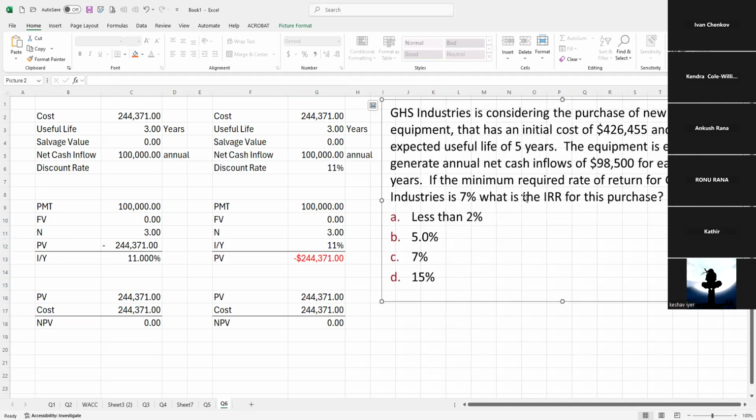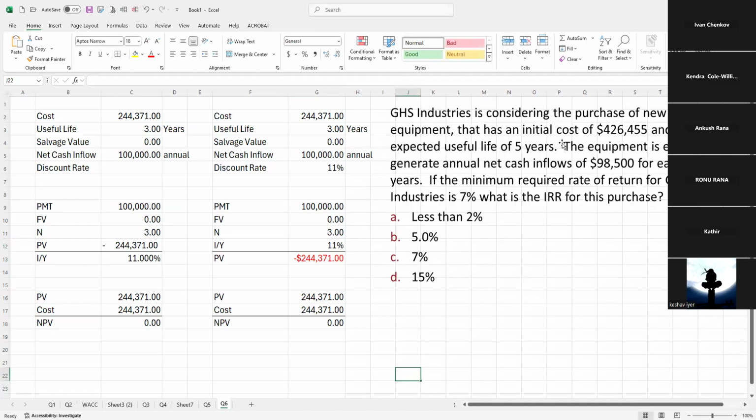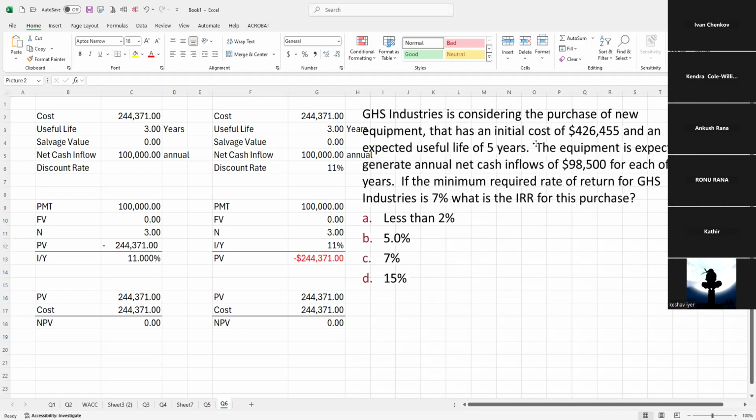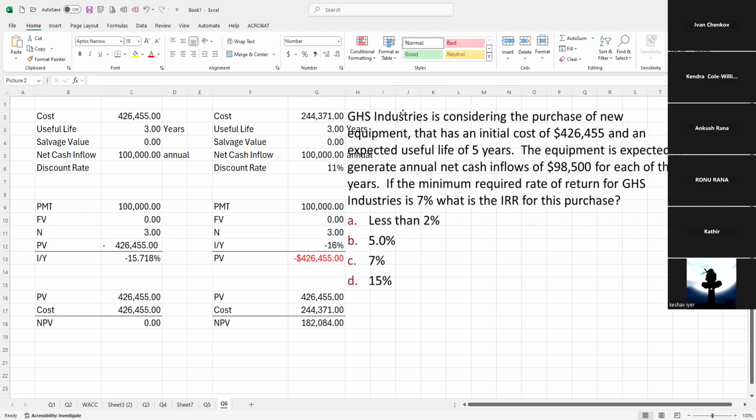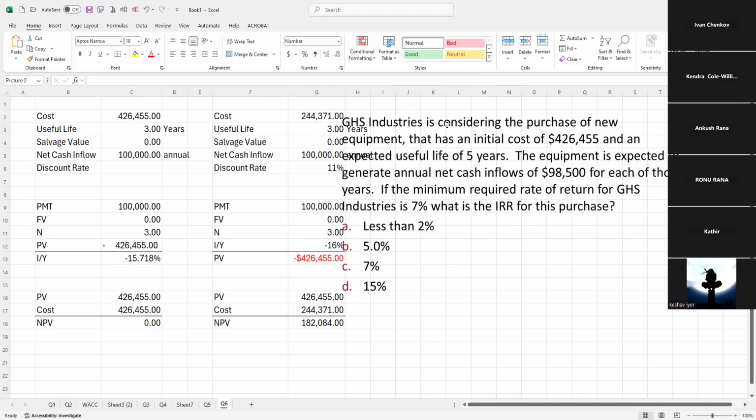Now the industry is considering purchasing new equipment with an initial cost of 426,455. If we're chasing the internal rate of return, we're chasing the net present value to be 0.